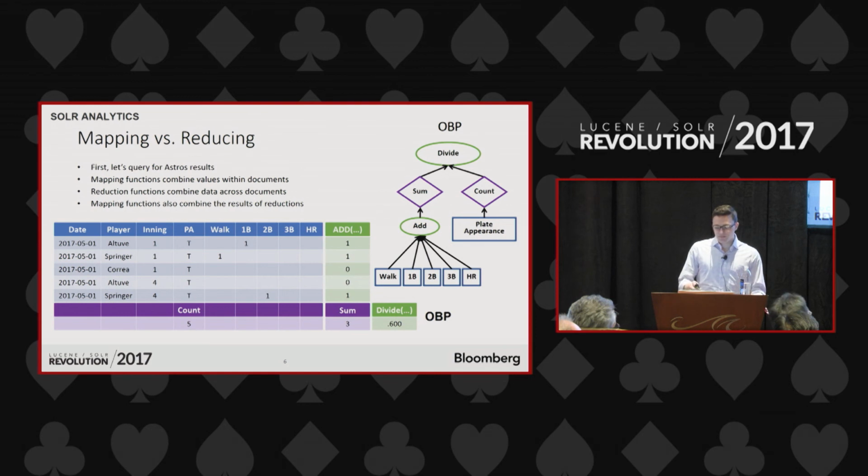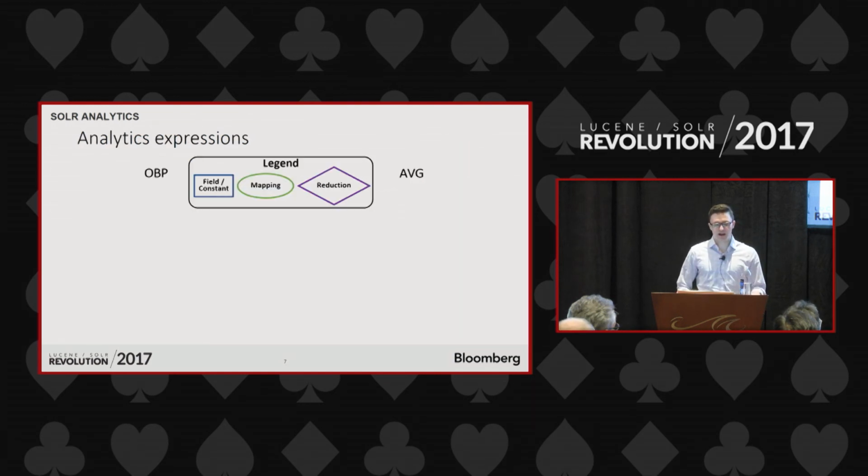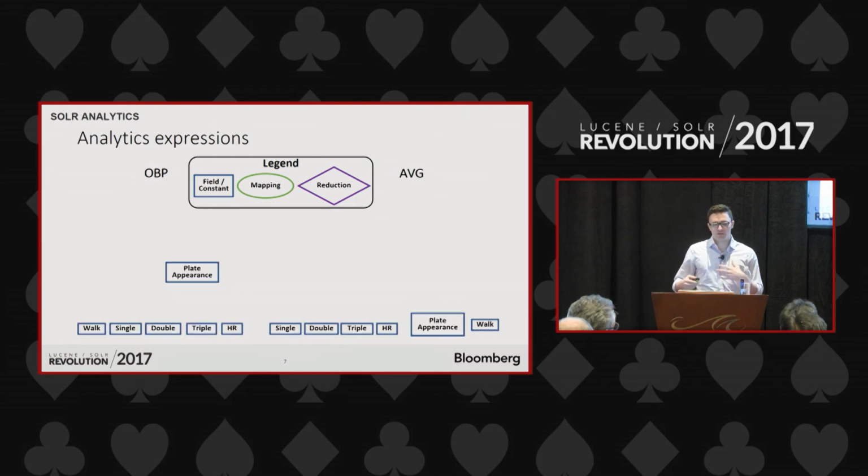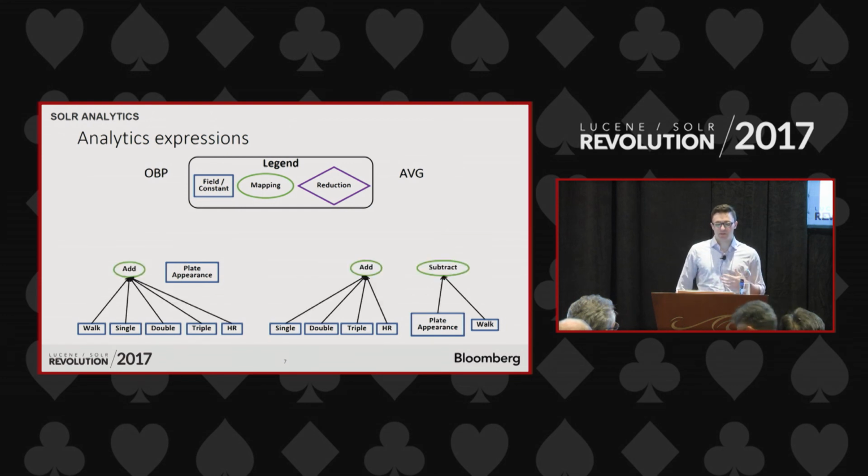So, how do we do this with other analytical expressions? I have OBP on the left and average on the right. We'll just build them up like we did in the previous example. They both start off with just a list of fields that we want to use in our analytical expressions. Then we apply mapping functions such as adding all of the types of hits and subtracting plate appearances by the number of walks in the average example.